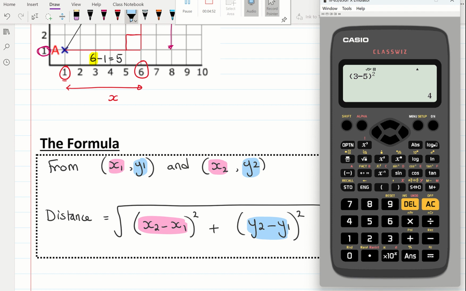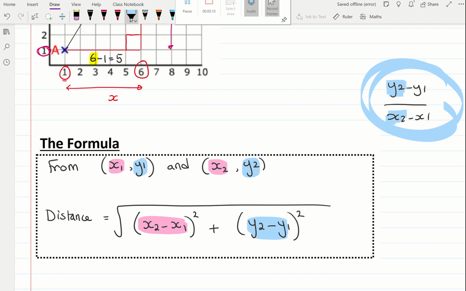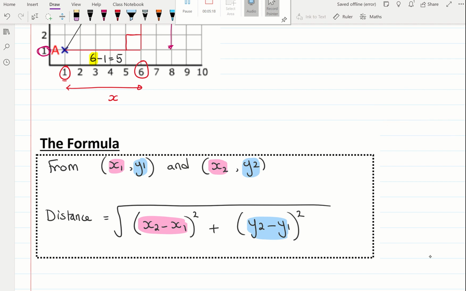So actually the order with x2 and x1 doesn't matter in this context. But because of other contexts like the gradient, y2 minus y1, x2 minus x1, I would always just keep the order the same. I would make an effort, because it will make a difference in other contexts, the order that you use.